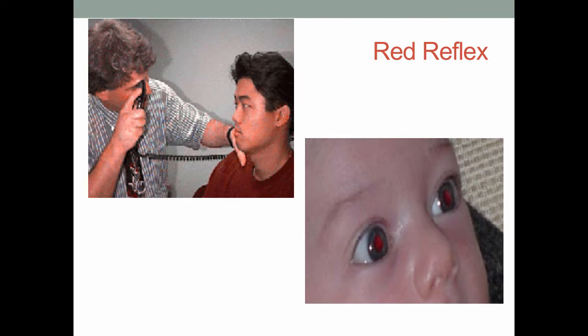Here is how you'll start the exam: you will start a little farther off and get that red reflex and then move in closer. And this little boy in the bottom picture here has positive red reflexes captured in the photograph. You can see both have a glowing red hue to the pupil.